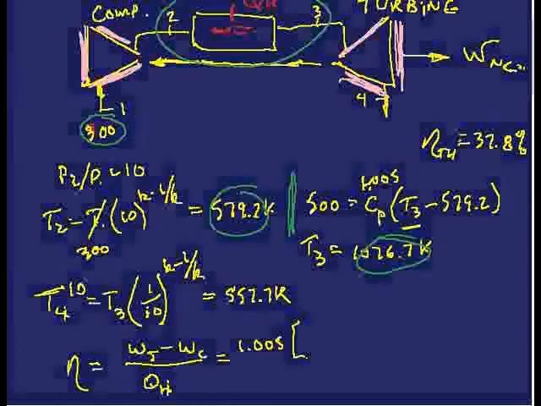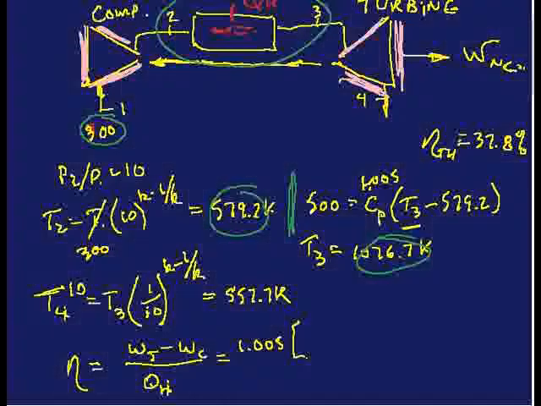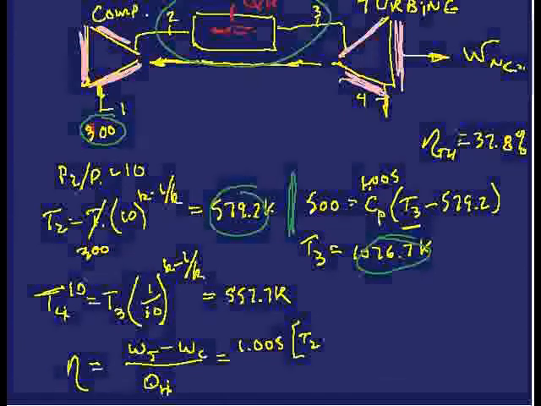Work of the compressor would be from 1 to 2, so that would be T2 minus T1. Minus, we need the turbine first. Work of the turbine would be T3 minus T4, minus work of the compressor to get our work net, and that would be Cp times (T2 minus T1).